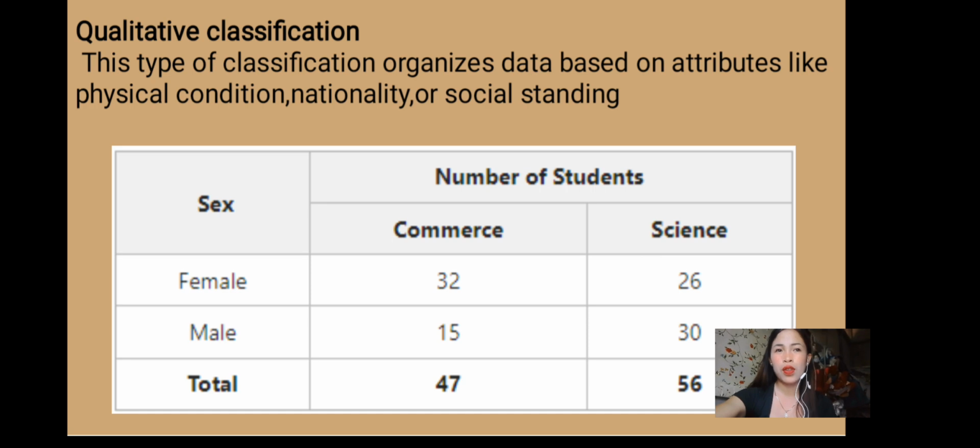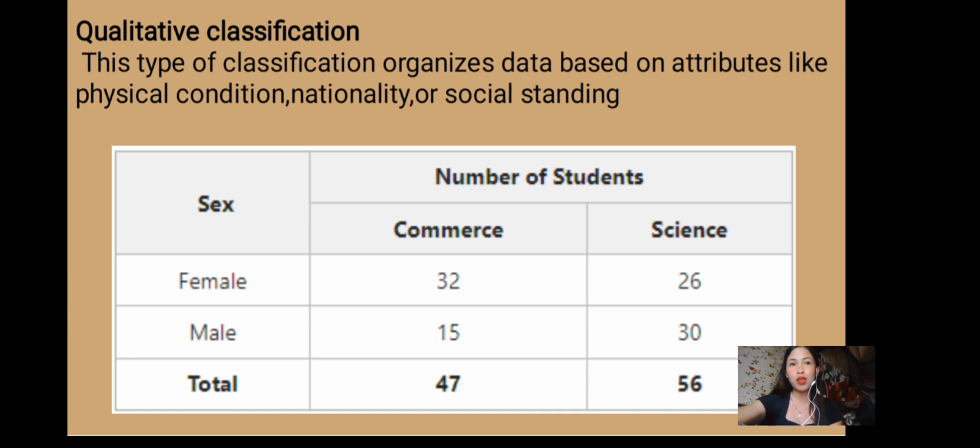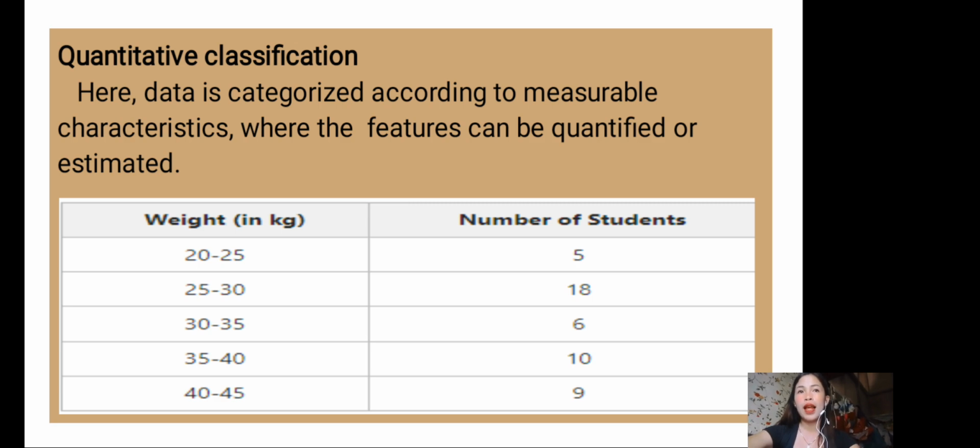So as you can see in qualitative classification, we can see the students who like the subjects commerce and science, because qualitative classification focuses on grouping data based on descriptive or categorical traits that cannot be measured in a numerical way.